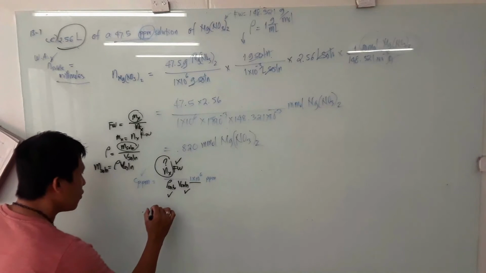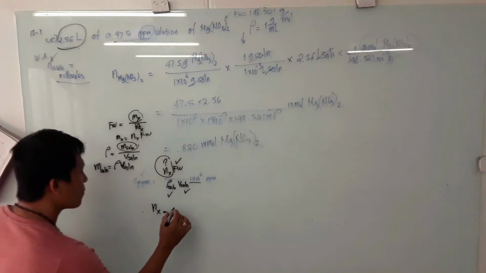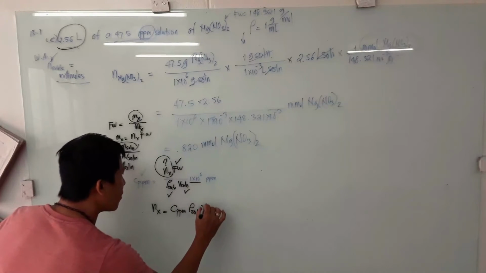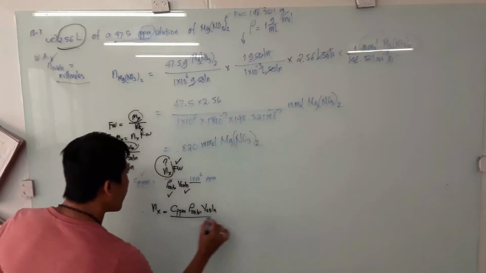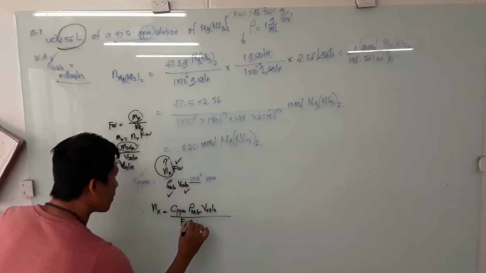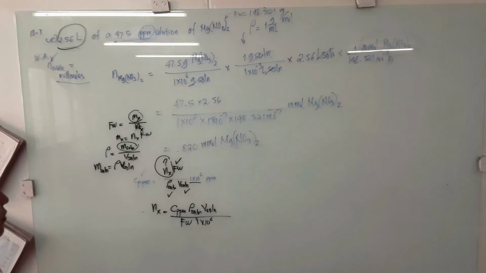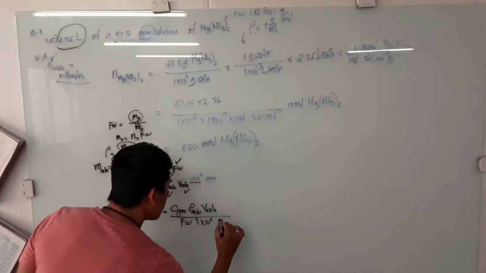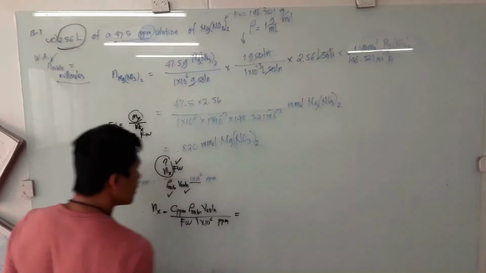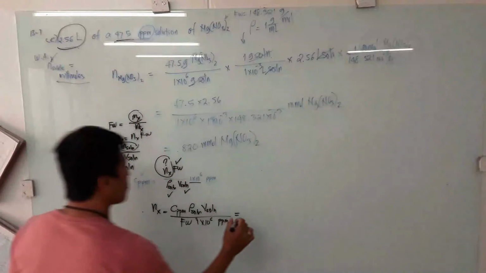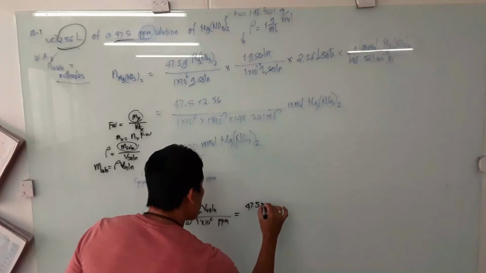Again, simple algebra. Nx would be equal to CppM, then the density of the solution, multiplied by the volume of the solution, divided by the formula weight multiplied by 1 times 10 to the 6. The unit would be ppm, and then we plug in the values. CppM is already given, that is 47.5 ppm.